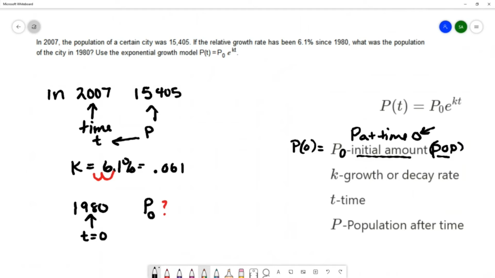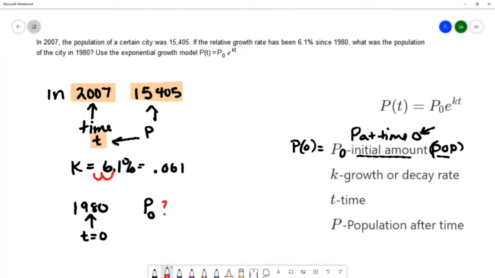So going back to this information that we had at the beginning, in 2007 we have a population of 15,405. What I need to know is what value we're going to use for t.